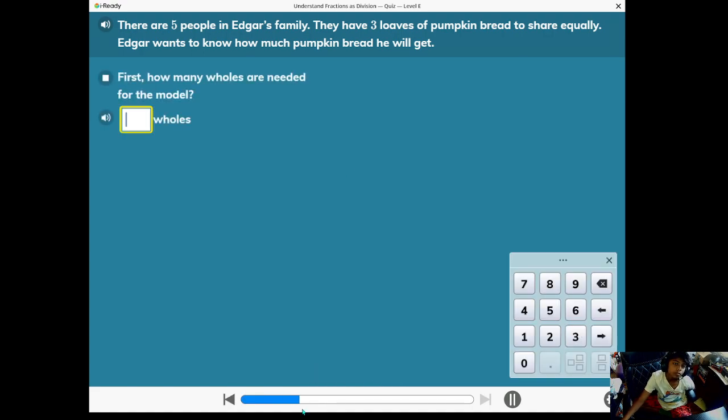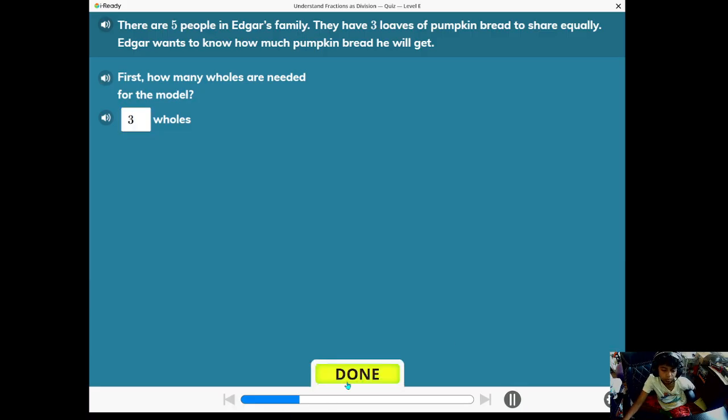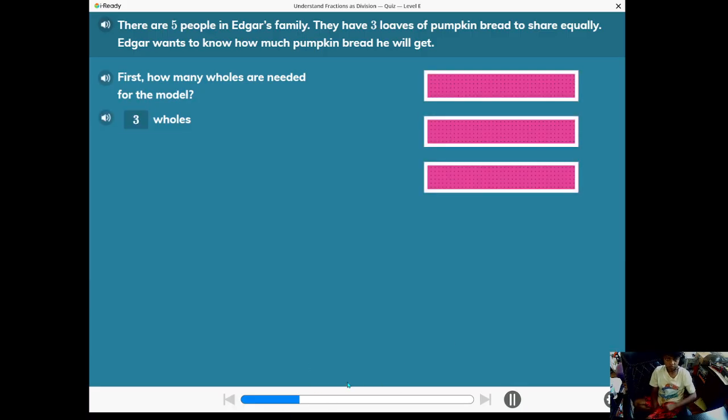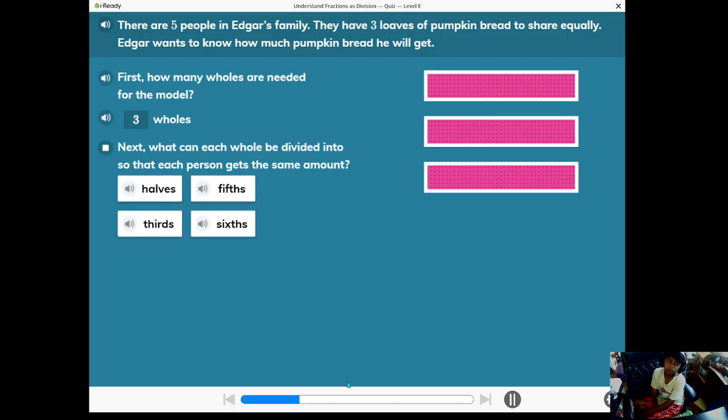First, how many holes are needed for the model? 3. The model shows 3 holes to represent the 3 loaves of pumpkin bread. Next, what can each hole be divided into so that each person gets the same amount? 5.